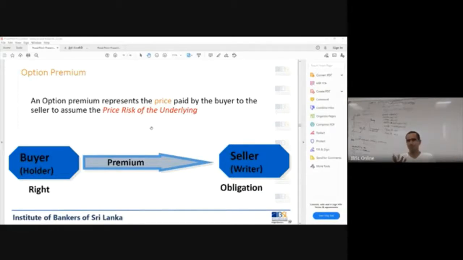If you decide to exercise your right, then the counterparty, the insurance company in that example, has an obligation. So the long has a right without an obligation, whereas the short has only an obligation. The buyer is called the holder, and the seller is also called the writer of an option.